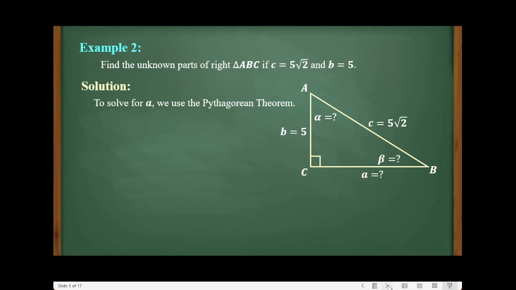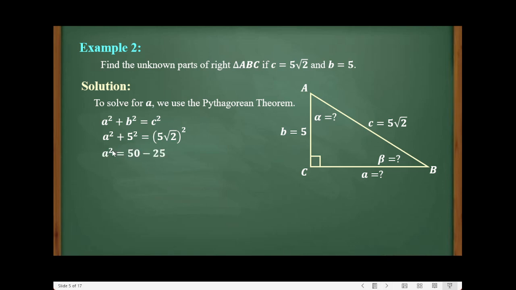Now for our solution, we solve for side small letter a using the Pythagorean theorem. So that is using the formula a squared plus b squared equals c squared. So plug in the given values. So we have a squared plus 5 squared equals the quantity 5 square root of 2 squared.